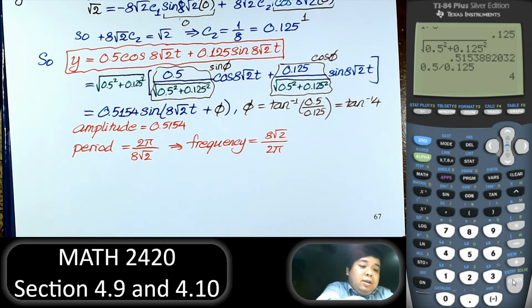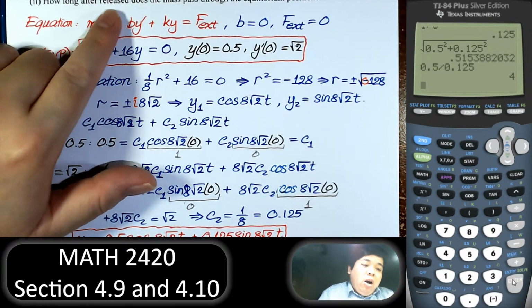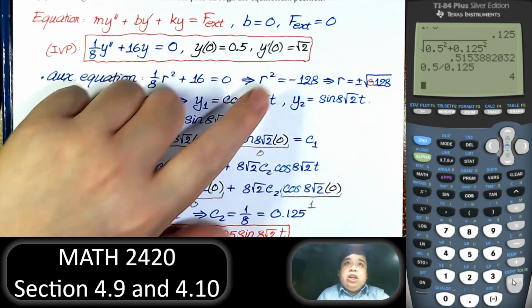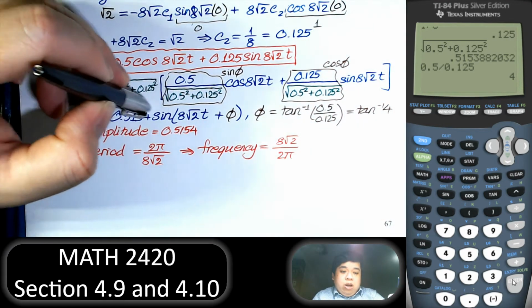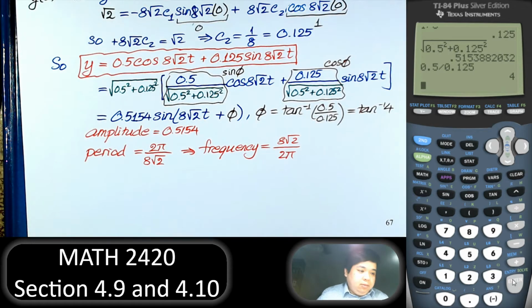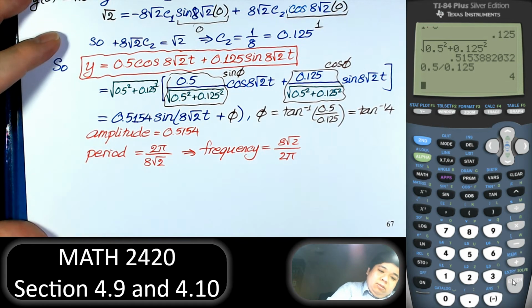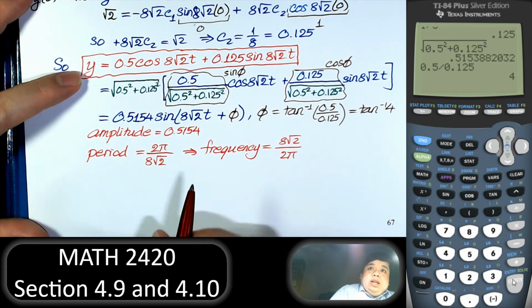Right. So how long after release did the mass pass through the equilibrium? So meaning that we're going to let this equation equal to 0, right? So we have this equation equal to 0.